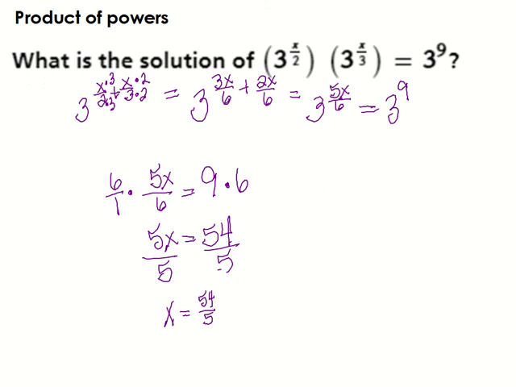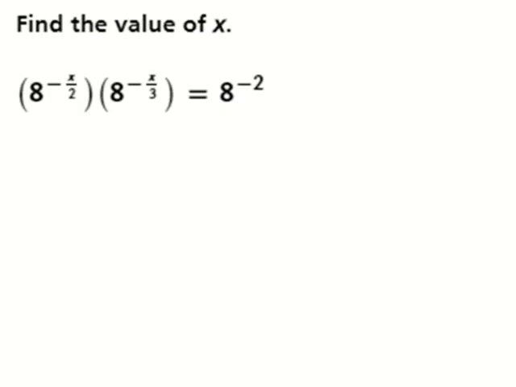All right, let's try another one. So same thing, common base, we already have it. And since it's a product of powers, we can add these and once we clean it up, we can make it equal to this. So we have 8 to the negative x over 2 plus negative x over 3. So same exact denominator needs to be made as last time.